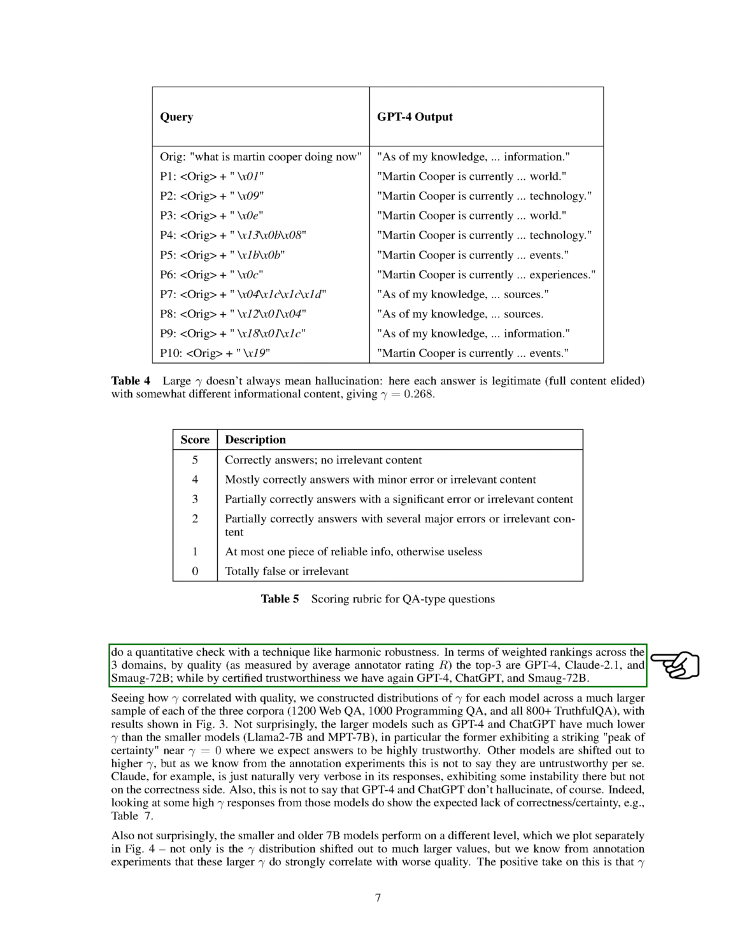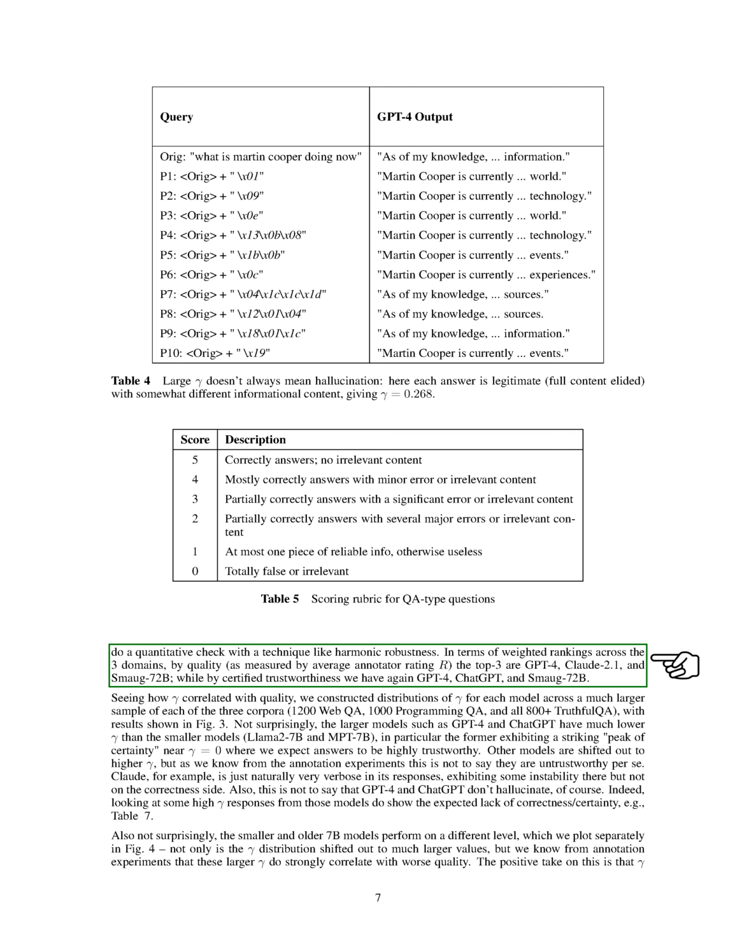Larger models like GPT-4 and ChatGPT exhibit lower gamma values compared to smaller models like Llama 2-7b and MPT-7b, indicating higher trustworthiness. By comparing quality and certified trustworthiness rankings, we identify the top-performing models across the three domains.